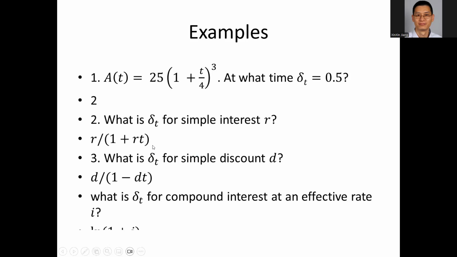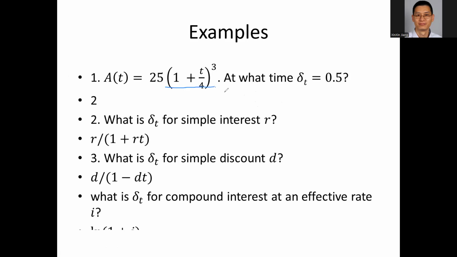Okay, let's work on a few examples. This one is our amount function, and we're looking for time, actually. δ_t is 0.5. To find δ_t, I think using the log function is pretty easy. We actually don't need to work with the principal, we only need to work with the accumulation function, which is this.